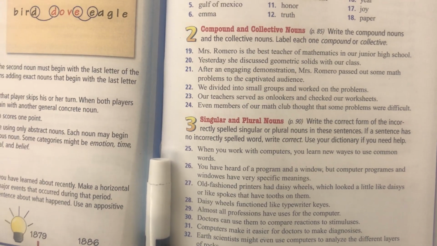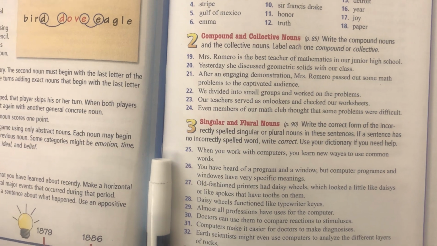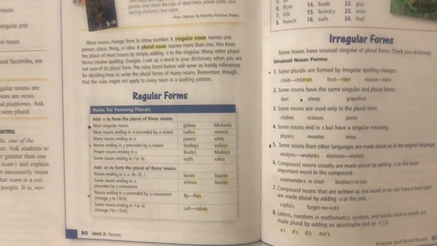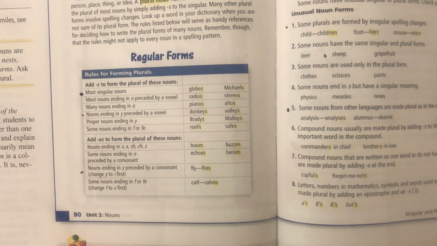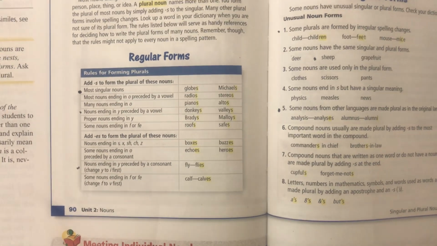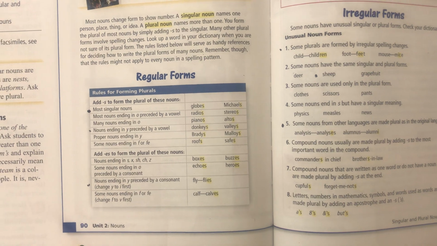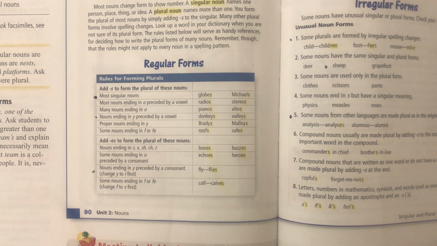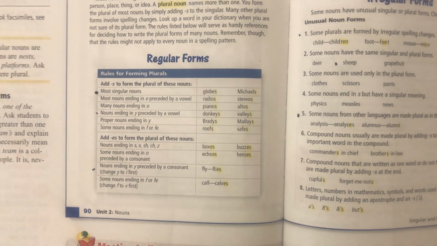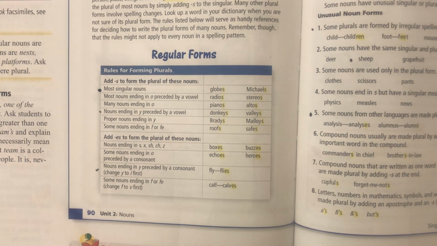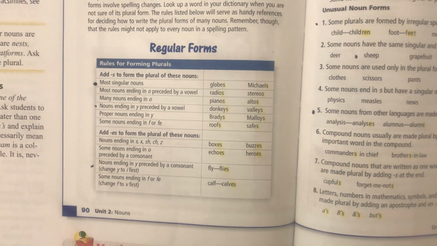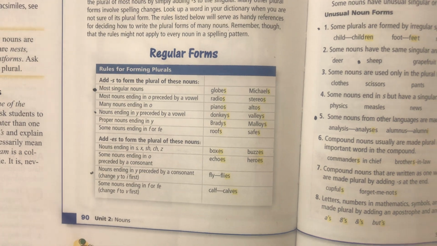It's spelled W-A-Y-E-S. So if you're flipping back to your rule book, I'll give you a second to identify the correct rule to follow for ways. So on my book, I've marked it with dots. So it should be the second dot. Nouns ending in Y preceded by a vowel.